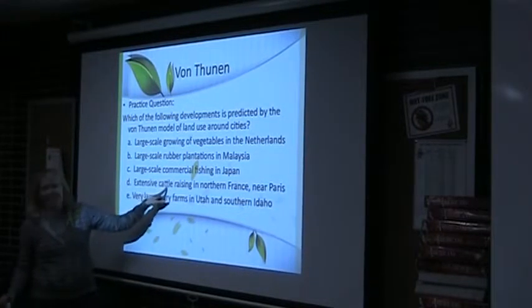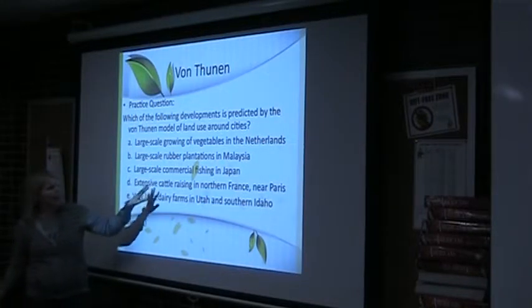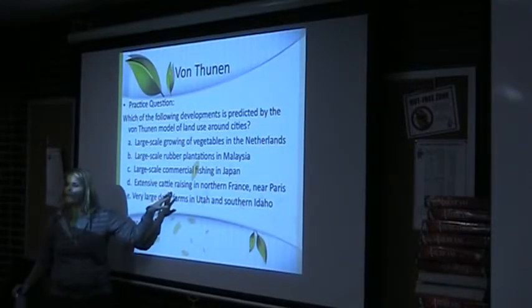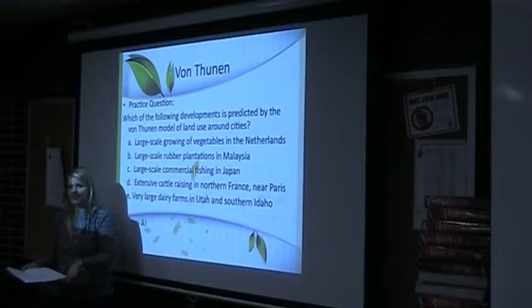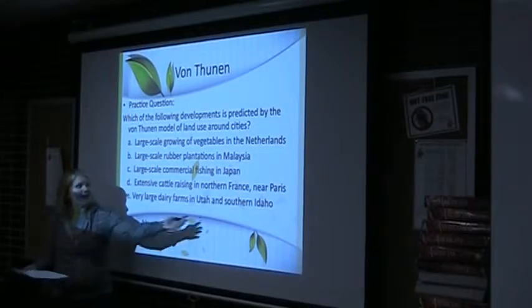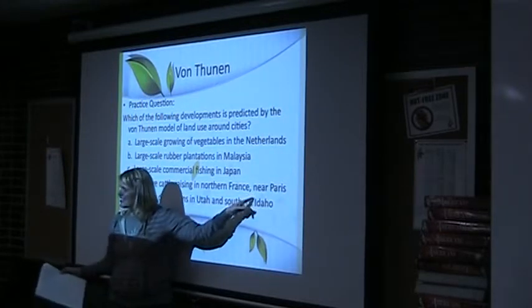Now, D is also not correct because raising cattle would happen far away from people, right? The outer ring. So that would be a spot like Utah and Idaho. Not near Paris.